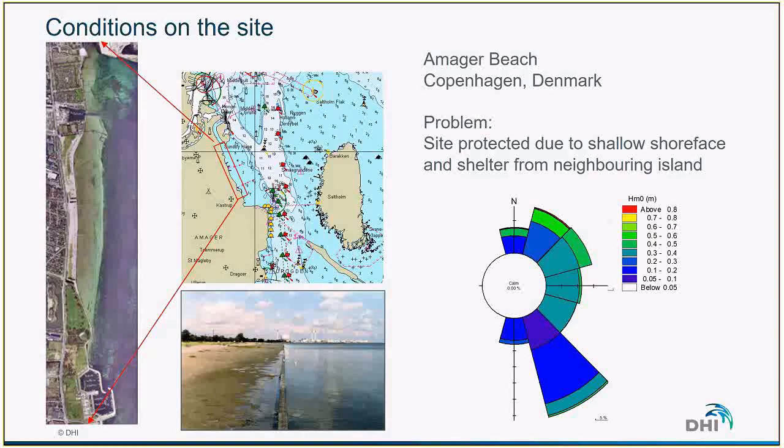We can see on these pictures that these conditions led to a very muddy beach, which was unattractive. It's important to note that in front of this beach there were some relatively deep channels where currents were relatively strong. And that is an important thing because it's going to be used for the development.